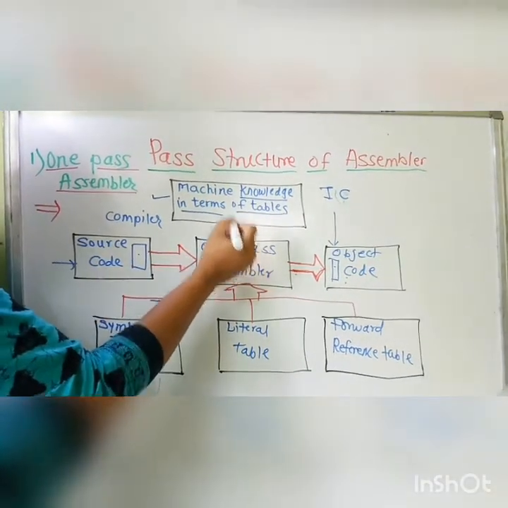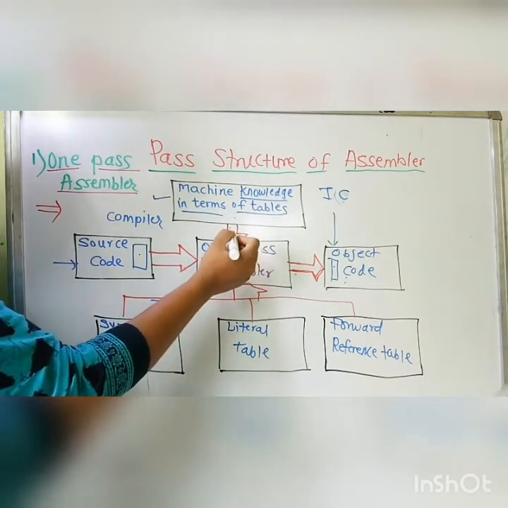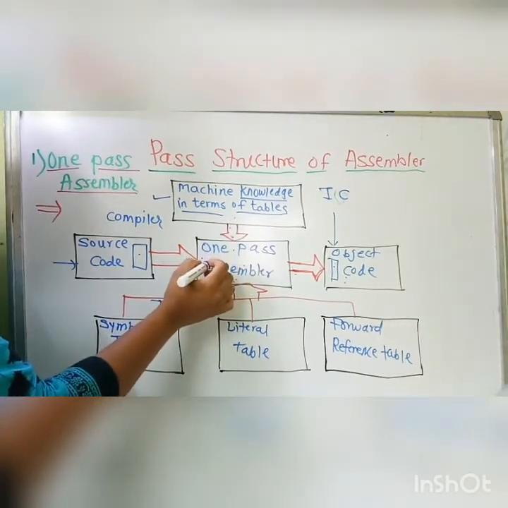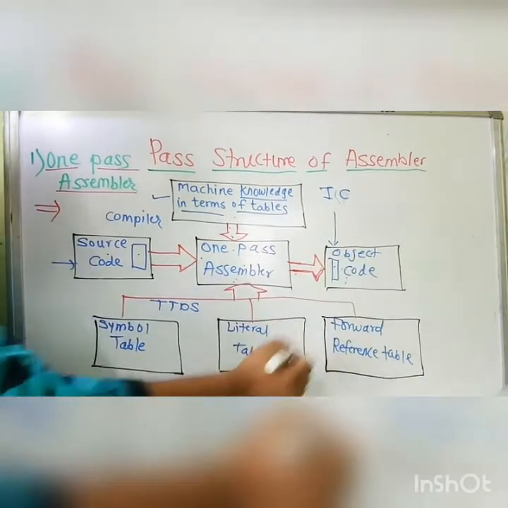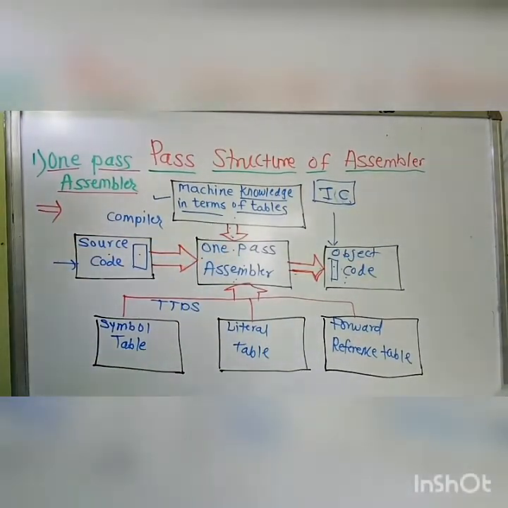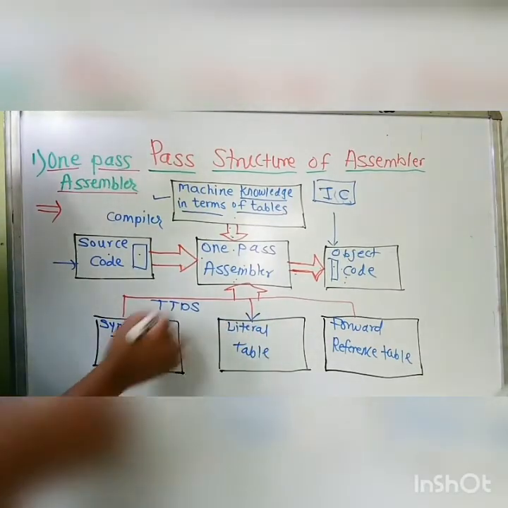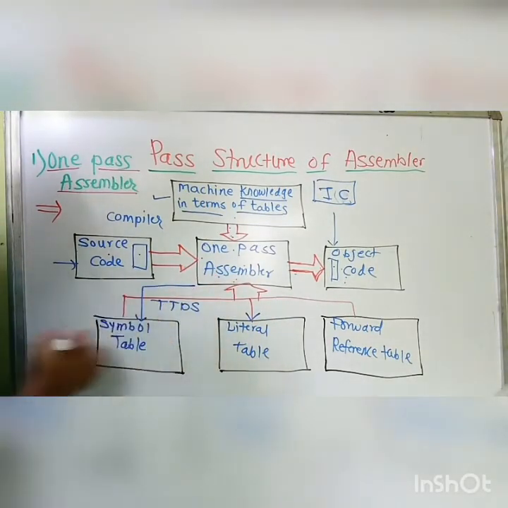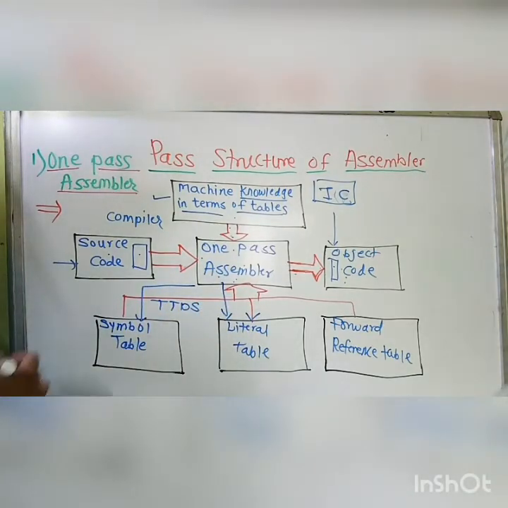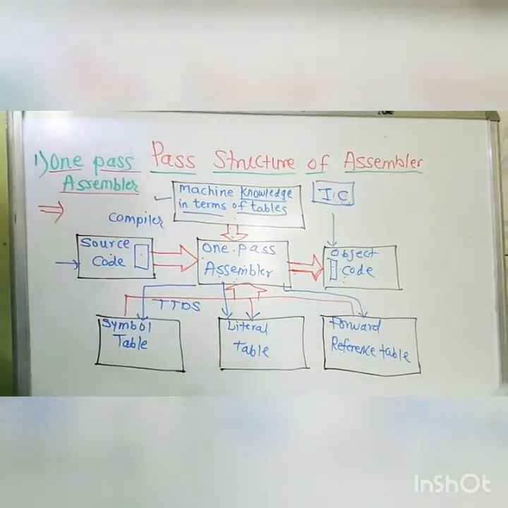It has machine knowledge in terms of different tables as a supporting database, and it converts our source program into object code, but it does not convert our assembly language program into the intermediate code. During this process it also takes the help of different data structures. To store the symbols it requires the symbol table, to store the literals it requires the literal table, and for storing the different references the forward reference tables are used.